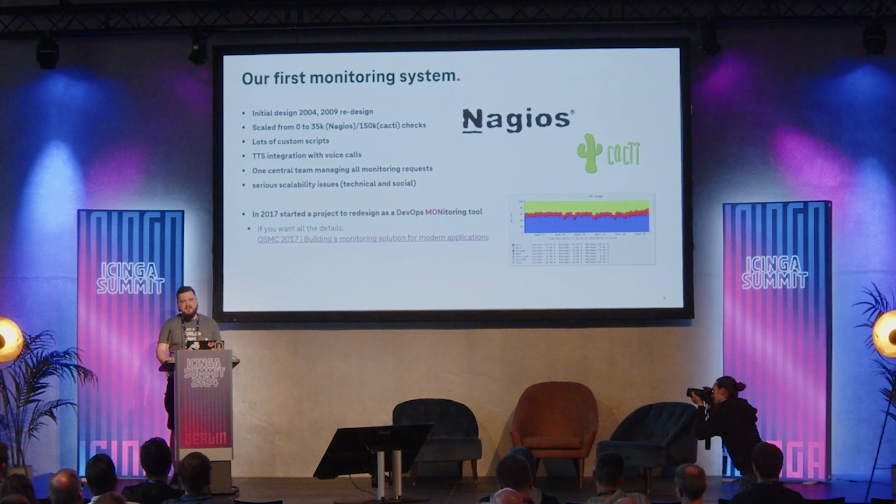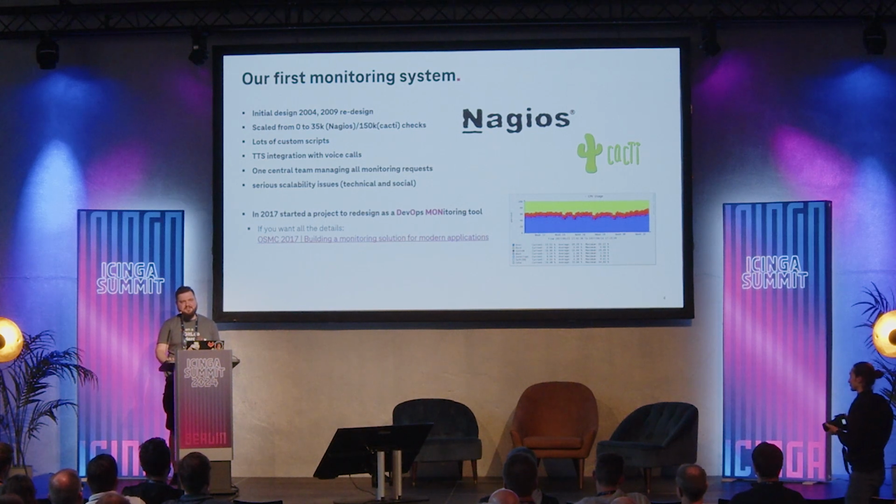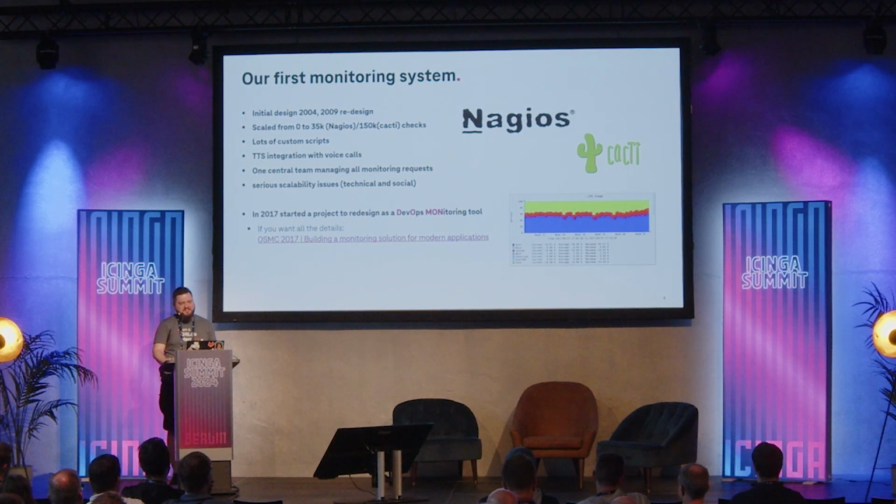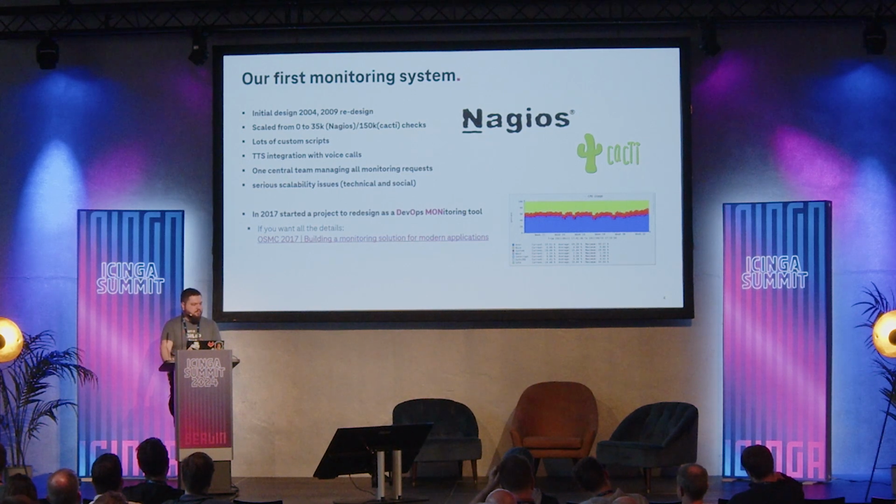We added lots of custom check scripts, a lot of shell scripts, did modifications to the Nagios C code, to the Cacti PHP code, went into update hell, went into update trap, because I was young and didn't know better. But we also did some cool things back then, like a TTS, text-to-speech integration for our alerting stuff. We had lots of custom scripts monitoring APIs, applications, databases, and everything, you name it.